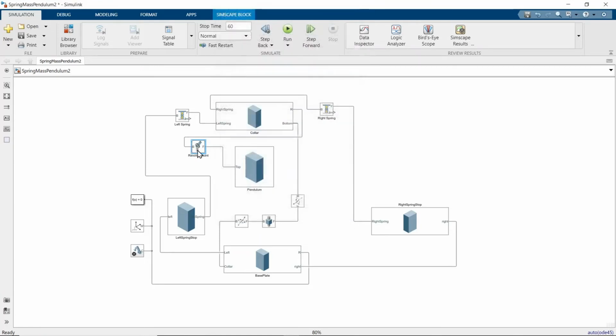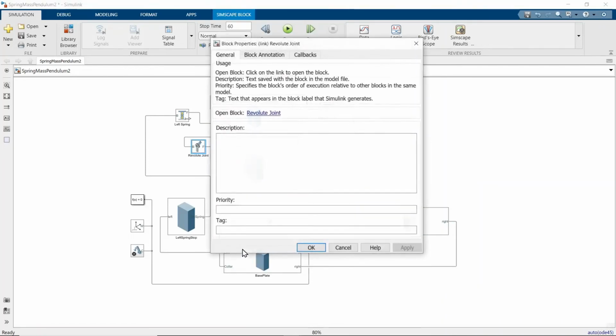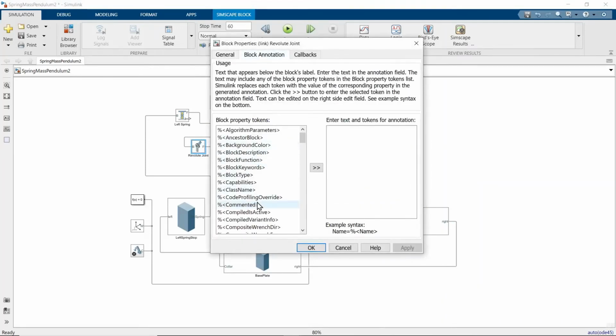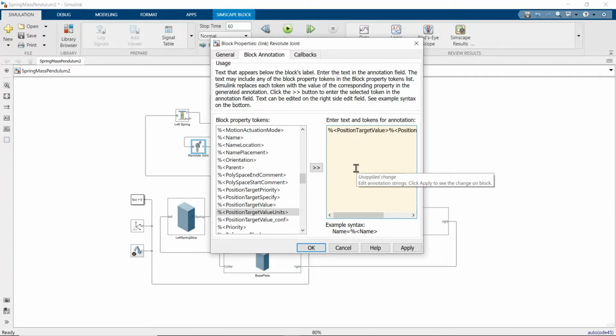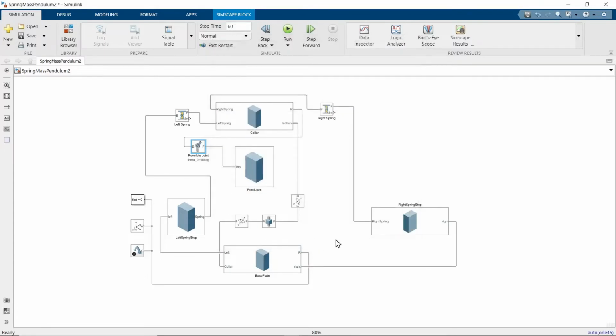So I'll right click, properties, block annotation, and then come down to position target value and position target units, and we'll name it theta underscore 0 equals this. So let's see, how does that look? Okay, so that's our initial position.